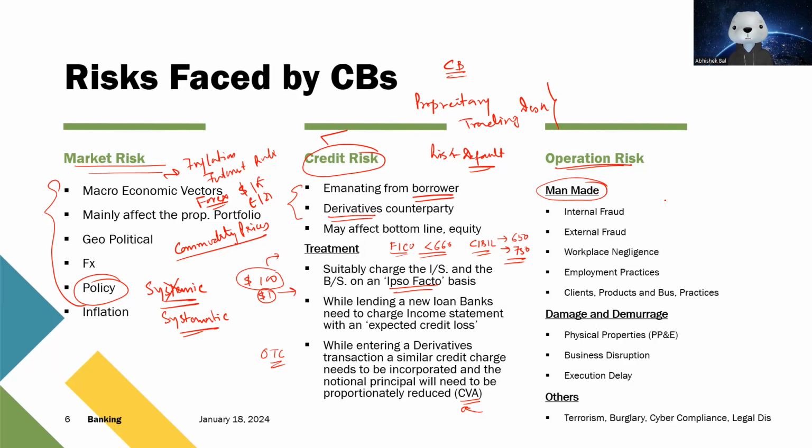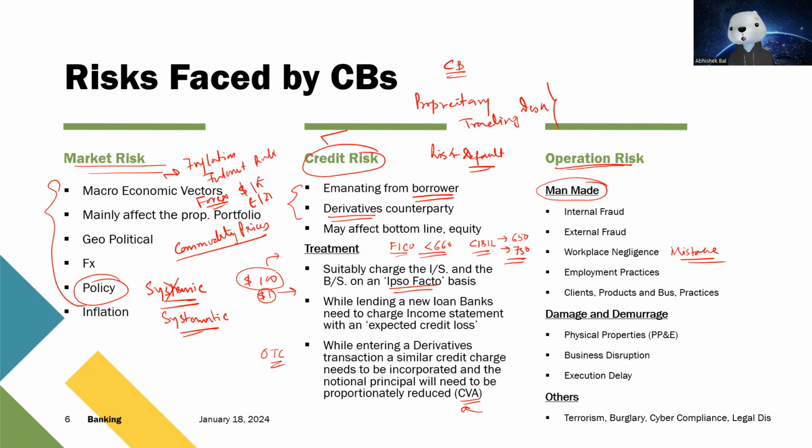They're highly unpredictable. So operational risk could emanate from internal fraud, external fraud, even workplace negligence, what we call a common error or mistake, hardware failure, software failure, maybe a major catastrophe, any sort of business disruption.